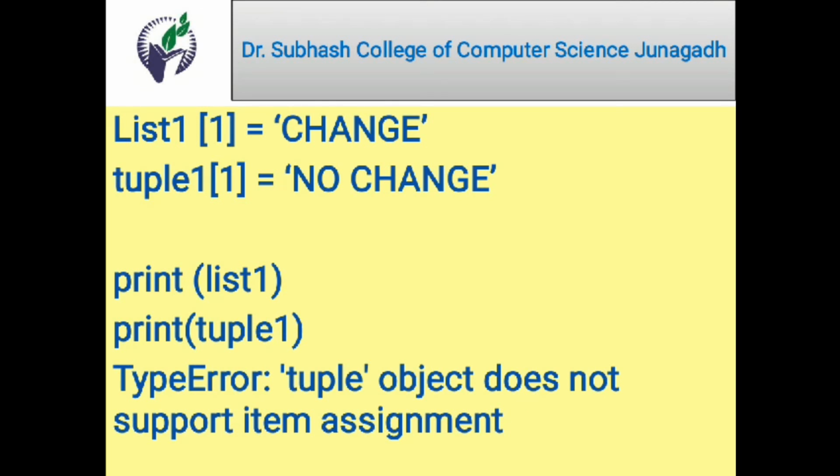At last we saw the tuple. Tuple and list are both similar: in a list we use square brackets, in a tuple we use parentheses, and the only difference is that a list can be updated but a tuple can't be.